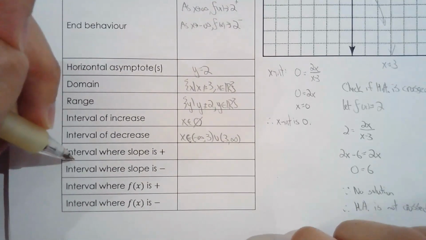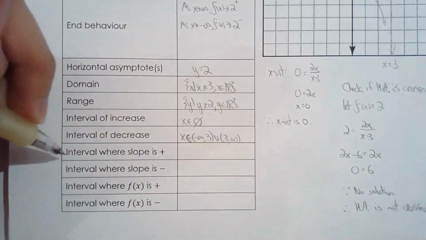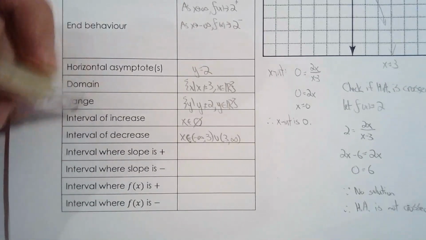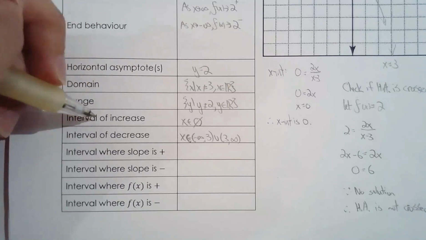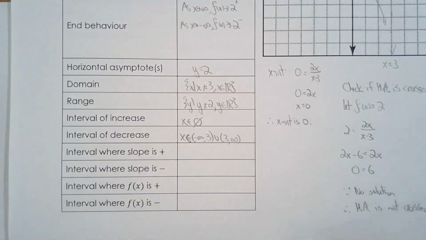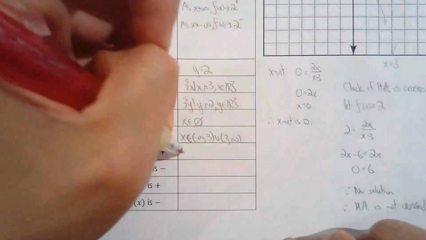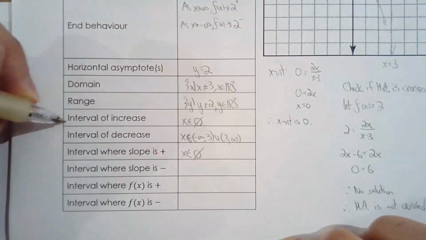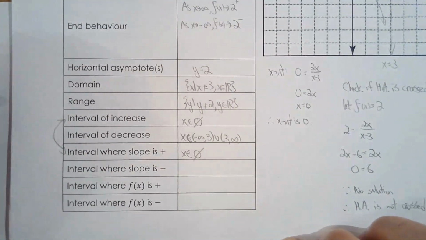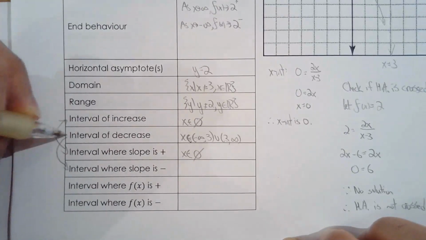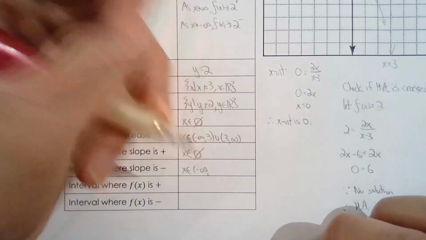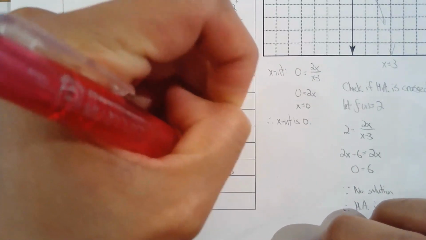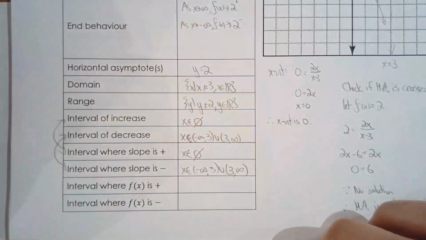Now, we haven't talked much about this, but where the slope is positive is where it's increasing, because if you think of the tangent line, a positive slope must mean it's increasing. So these two are the same question. And interval of decrease is the same as where the slope is negative. It's just a different way of asking the same question. So don't be confused when you see that on the test.